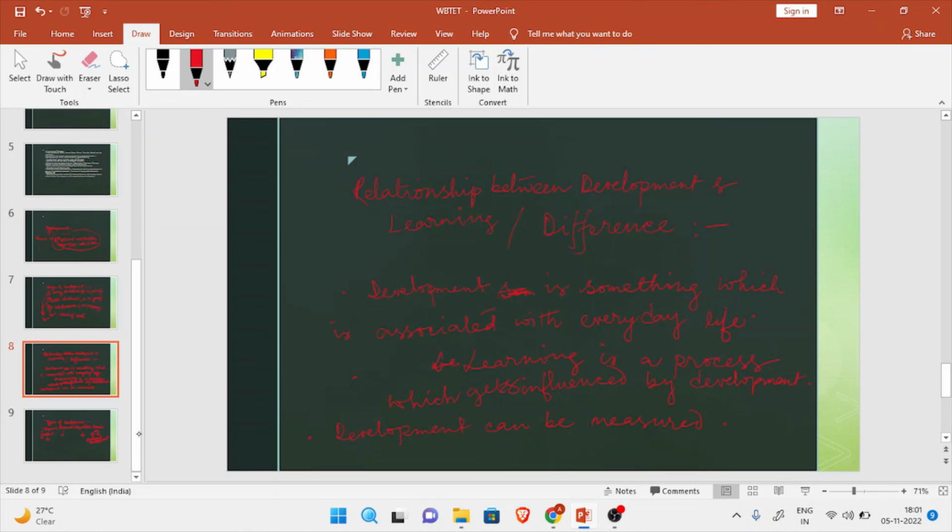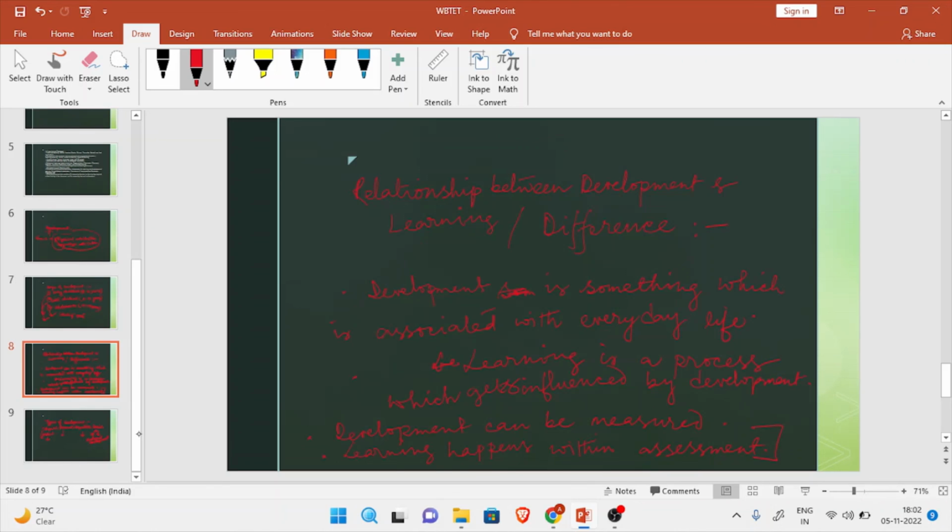Learning happens within assessment. So this is the difference between development and learning. You need to know about this well.